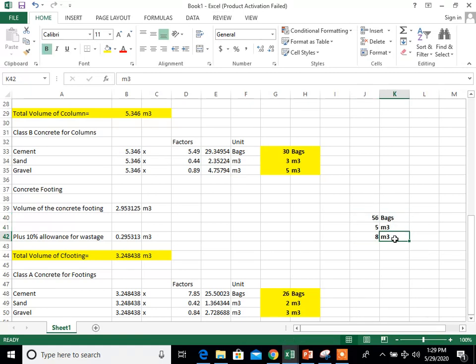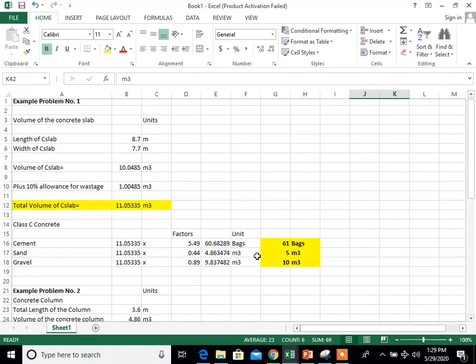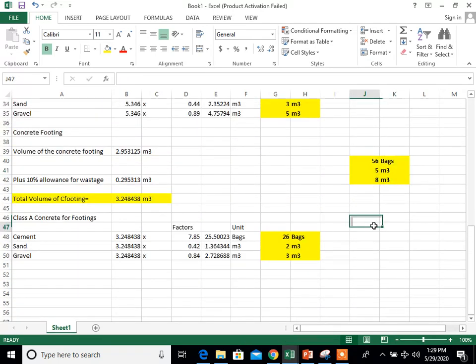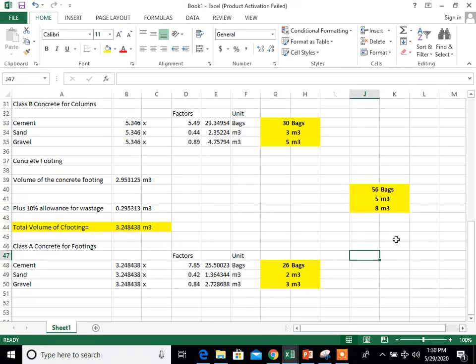So that's all for problem number 2. So problem number 1 and problem number 2: 56 bags, 5 cubic meters, and 8 cubic meters.